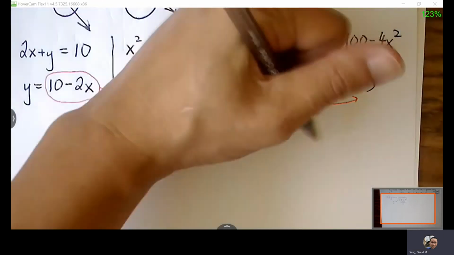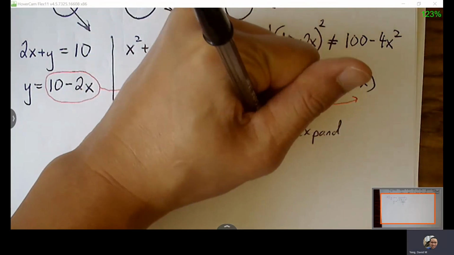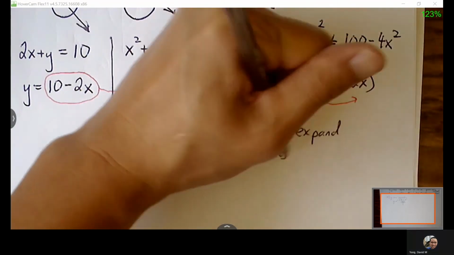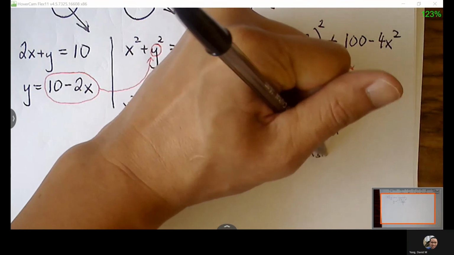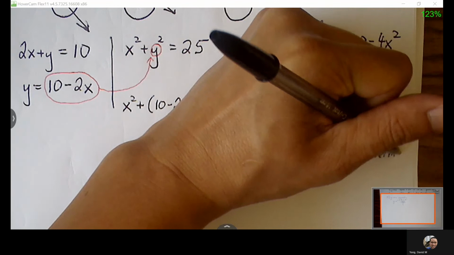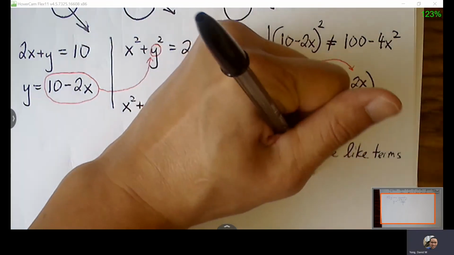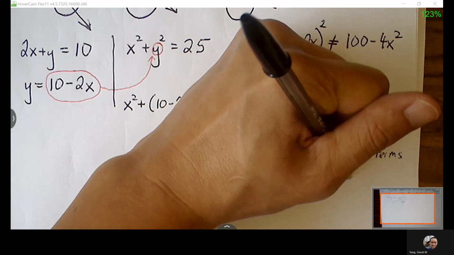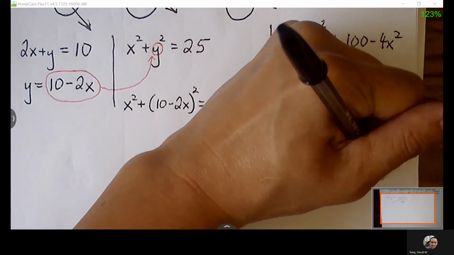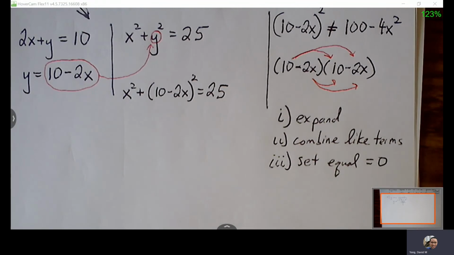So we're going to expand. You're going to combine like terms. Make sure that you set it equal to 0, because if you are trying to factor and the right side has a different number than 0, then we're not going to get the right answer.